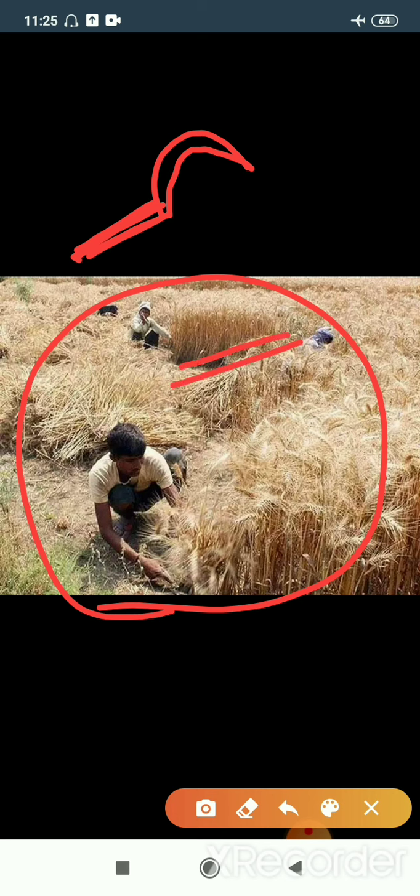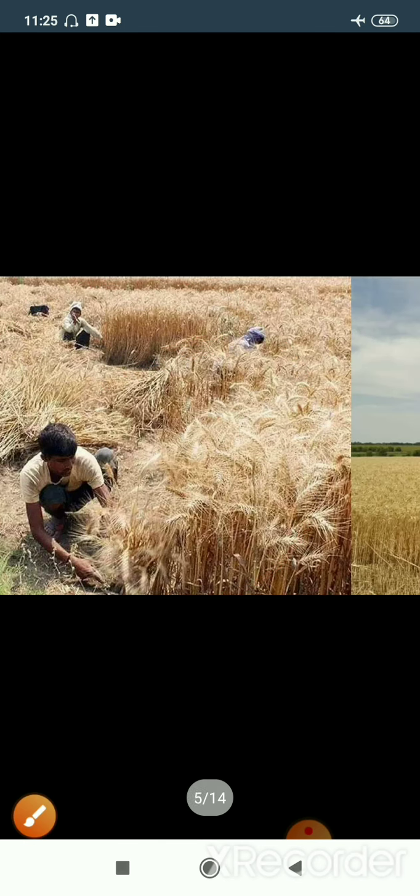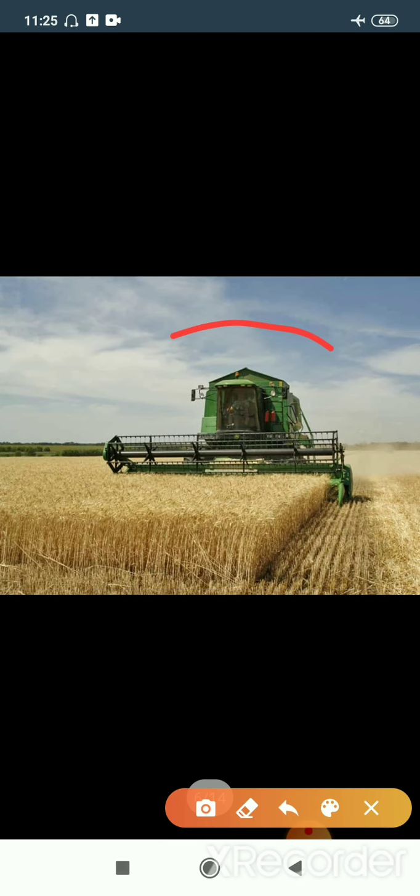When the crops are matured, after that they need to harvest the crop. Many farmers or laborers use this type of sickle for harvesting the crop, but nowadays this type of machinery is used in foreign countries. These machineries can be seen for harvesting purposes.